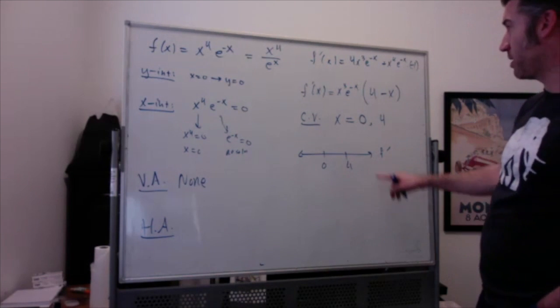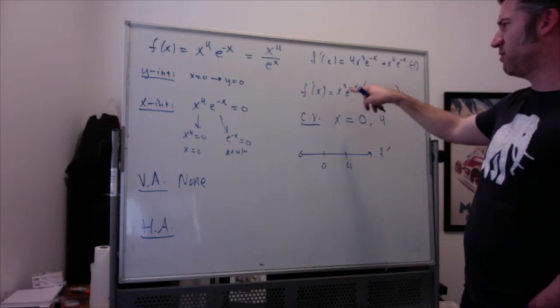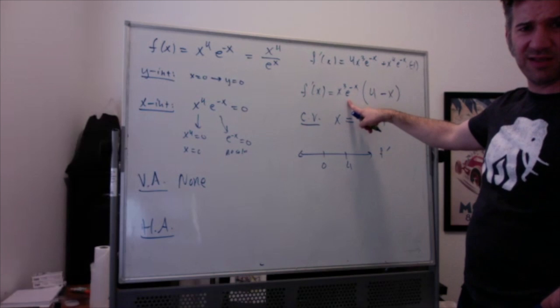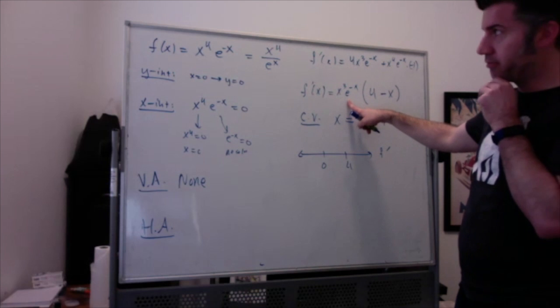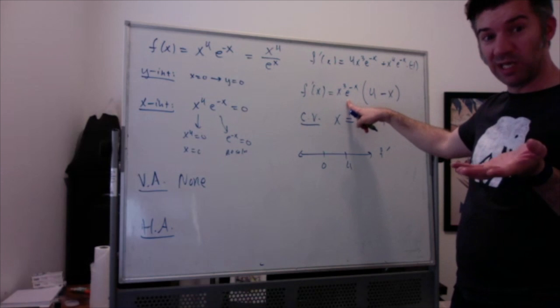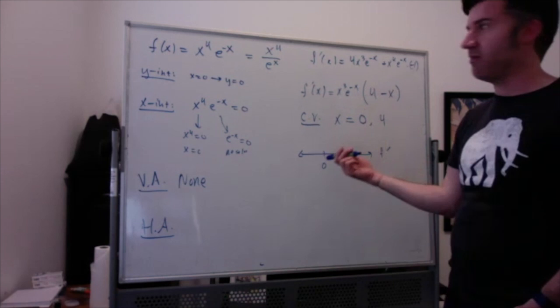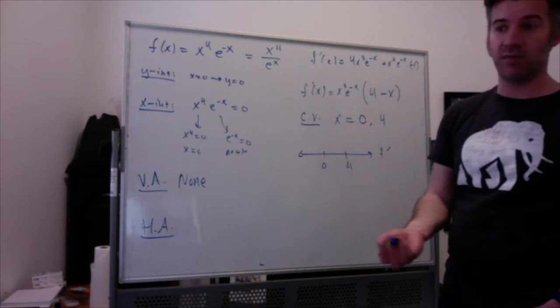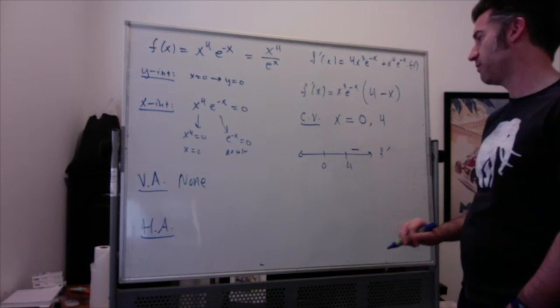If I pick a number larger than 4, like 5, is it negative or positive? Is e to the negative 5 positive or negative? E to the something is always positive, just like 2 to the something is always positive. So e to the negative 5 is 1 over e to the 5, which is still positive. So I've got a negative times a positive, which is negative.